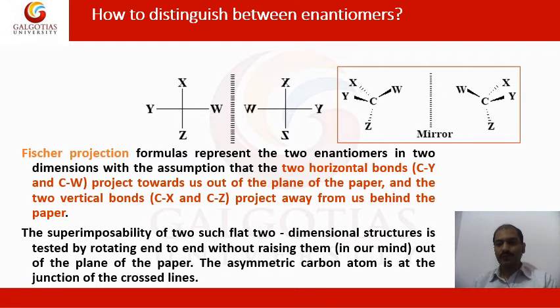Here you just need to keep in mind, if you assume this is one plane, then another plane is assumed as the rear side. These two are the rear side of the particular carbon, and these are towards the object, meaning towards you, as we are watching from here, because this is a 2D structure.